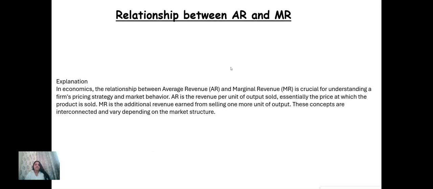Next is the relationship between AR and MR. The explanation says that the relationship between average revenue and marginal revenue is crucial, because AR is the revenue per unit of output sold and MR is the additional revenue earned from selling one more unit of output.